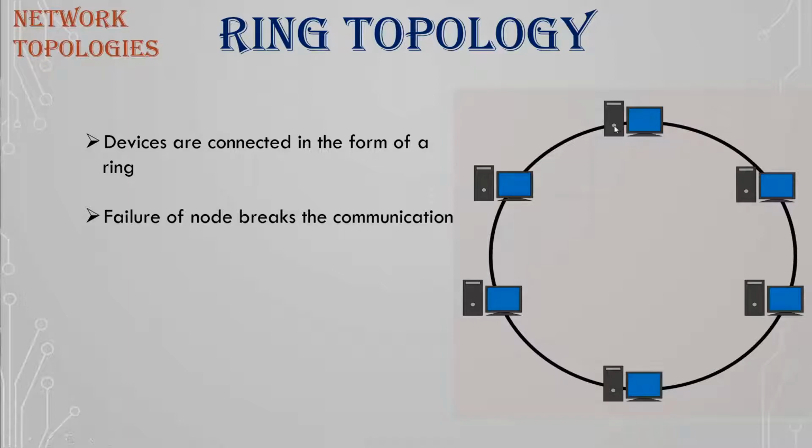So, if this computer wants to send data to this one, the data will be passed only in this direction. It has to pass through the second node and then comes to our destination. So the failure of one computer or node in the network will make the entire ring network down.